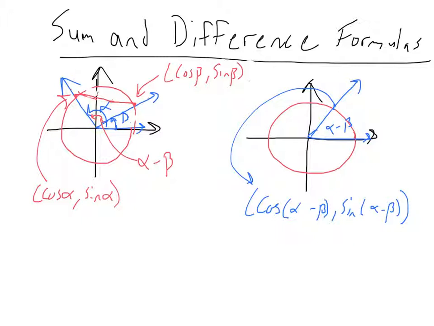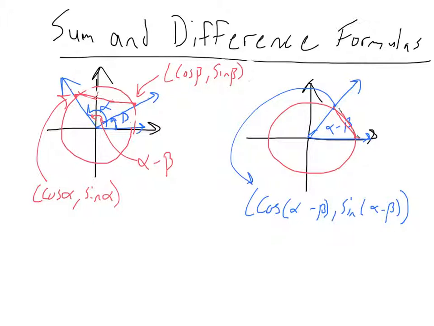And we're also going to have a chord that runs between the two points. Having a bad morning with the pad here. So we also have a chord up there.